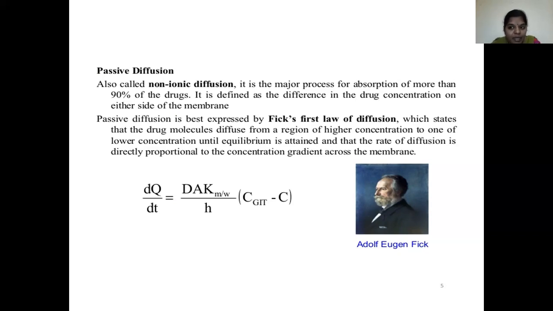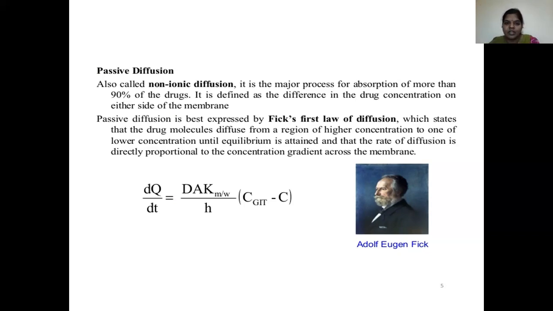It states that the drug molecule diffuses from a region of high concentration to low concentration until it reaches equilibrium. For that much time, the drug will be transported from high concentration to low concentration, right?